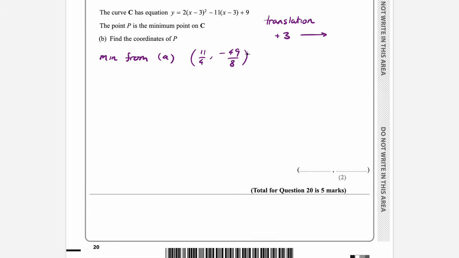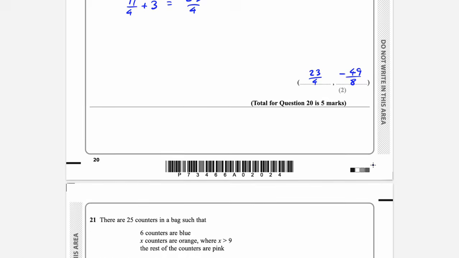If I move this right 3, all I have to do is 11 over 4 plus 3, which is 11 over 4 plus 12 over 4, that is 23 over 4. Use your calculator if you want. The y coordinate stays the same because I'm just moving it right. So this is 23 over 4, comma, minus 49 over 8.